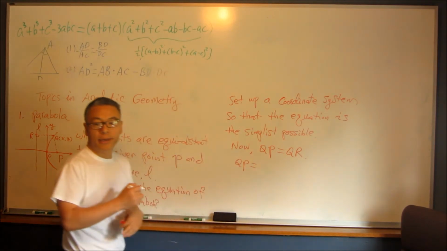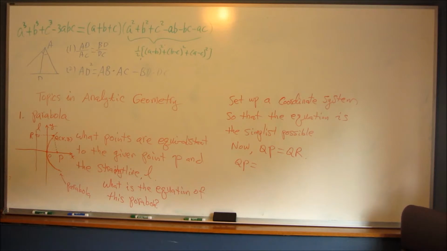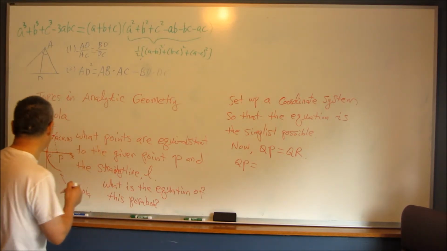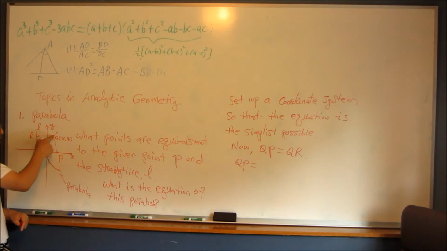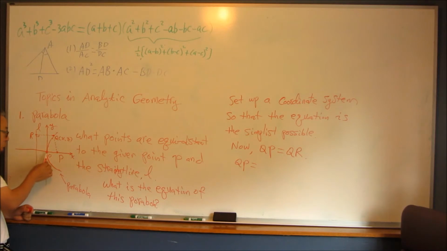QP equals, we use the distance between two points. The coordinates of this point are clear. What about this one? We know this, because P and the vertical line are given, so the distance between P and the vertical line is known, and O is halfway between.